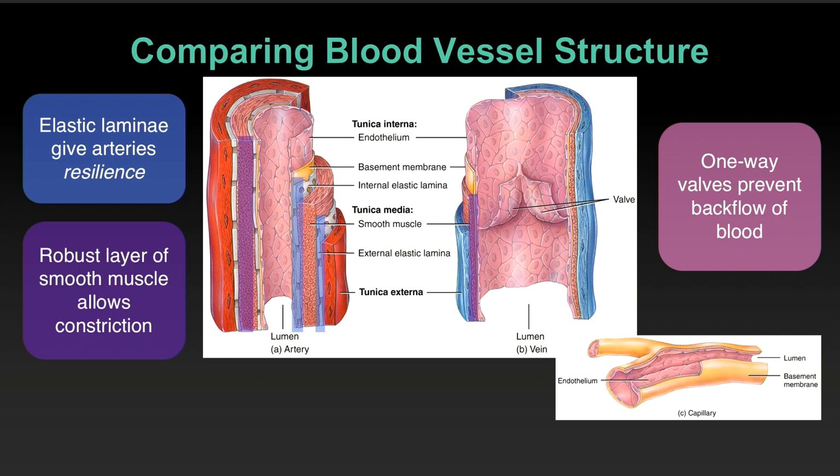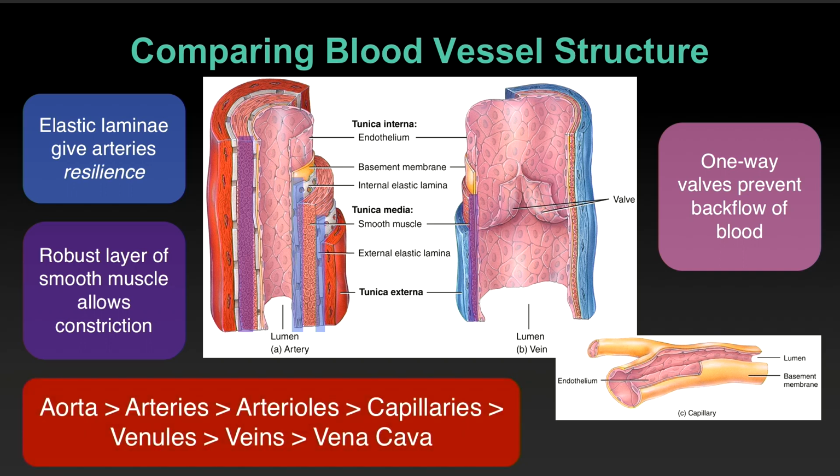If you were to trace the path from the heart through a full circuit back to the heart, you would progress through the vessels in this order. From the heart, you would move first to the aorta, the single largest artery in the body. And then off of the aorta, you have a number of branches, and these are all arteries. Not as large as the aorta, still have elastic tissue, still have some smooth muscle.